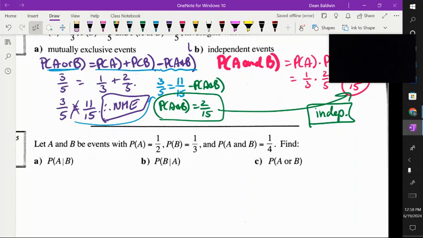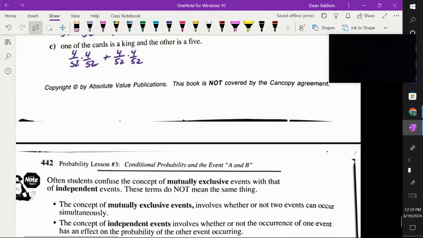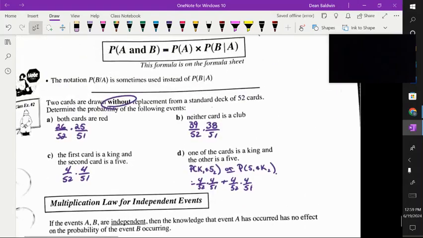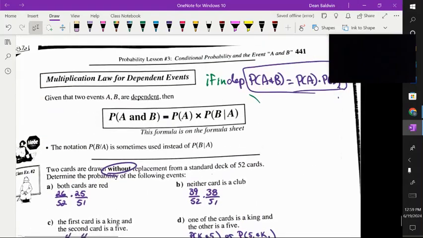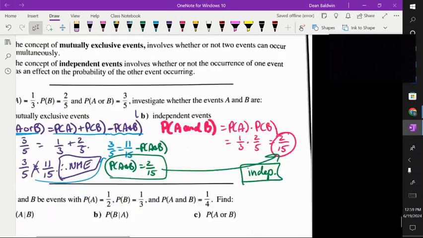Okay. Probability of A is equal to a half. Probability of B is equal to a third. Probability of A and B is equal to a quarter. You like these? Find the probability of A given that B happened. So, if you remember the formula, which is on the previous page, it's this. I'll write it over here.